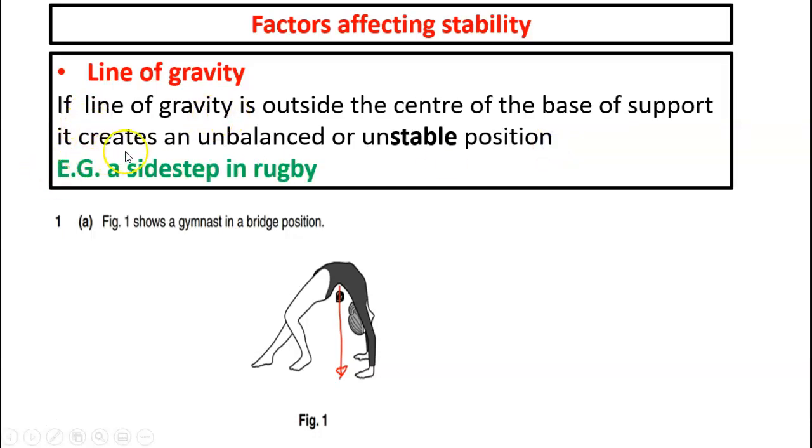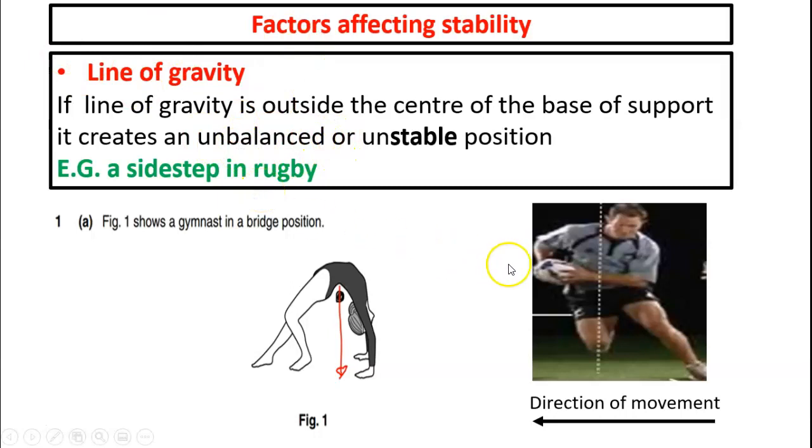So if we look at, say, a side step in rugby, which is the equivalent to pivoting or dodging in netball, I suppose, same with basketball, let's have a look at how it works. If you look at the bridge here, the line of gravity in this case is going straight into the centre of the base of support.